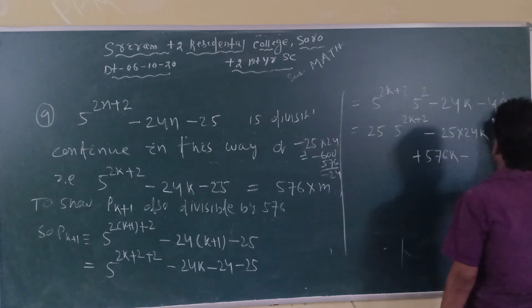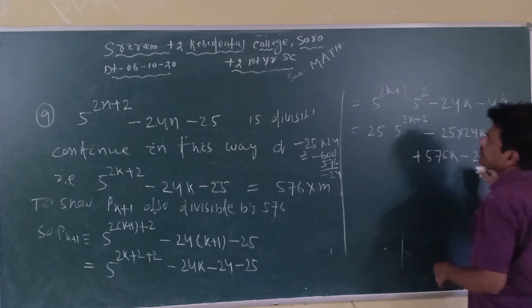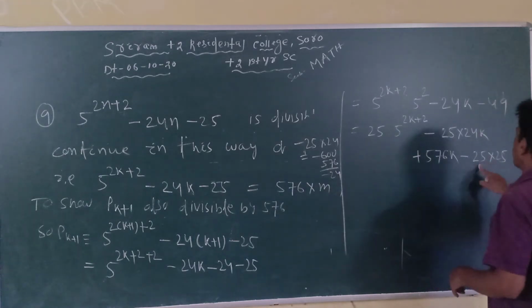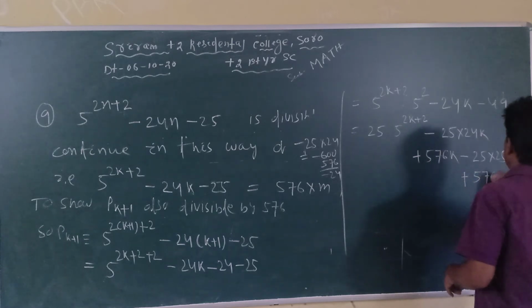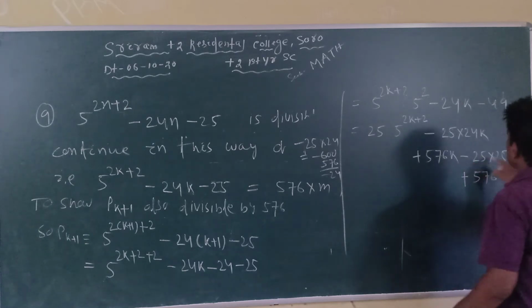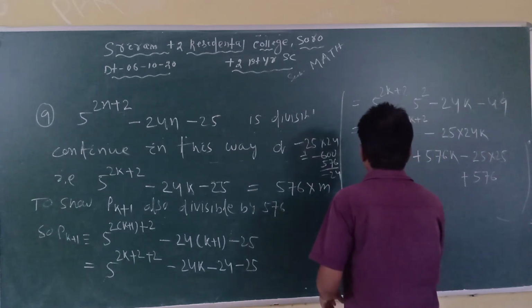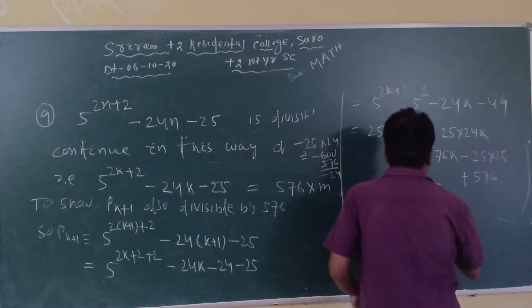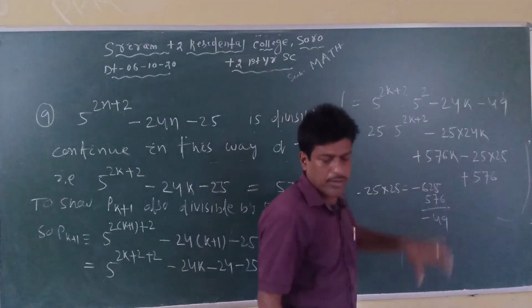Similarly, 25 into 25 is 625, so minus 625 plus 576 is equal to minus 49. Here is minus 49. That is the main trick of this problem. Okay?